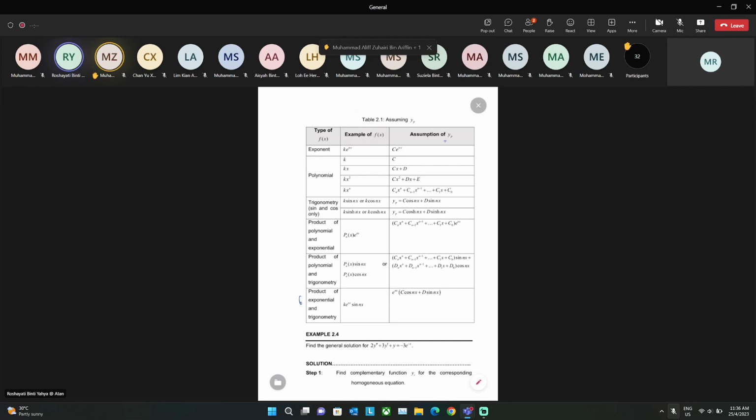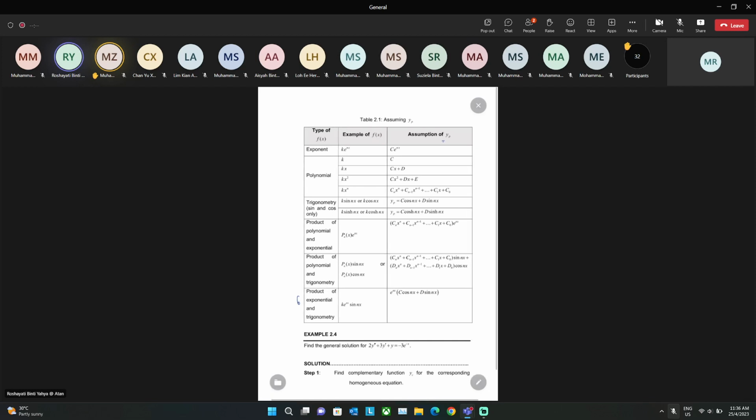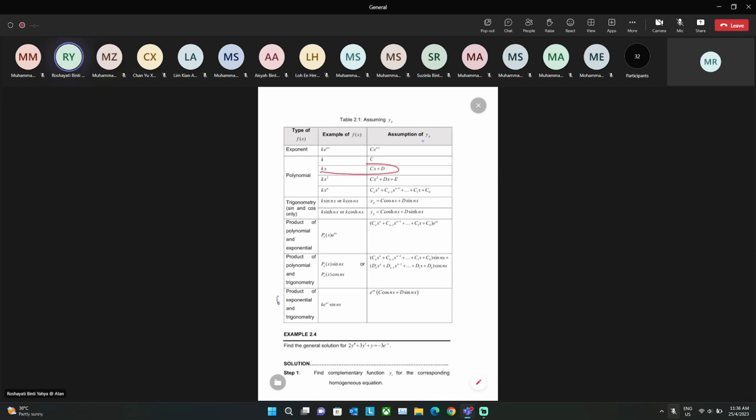Okay, next. So we will use cx plus d and then c exponential x.